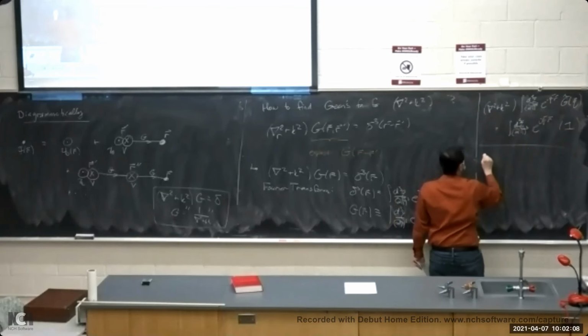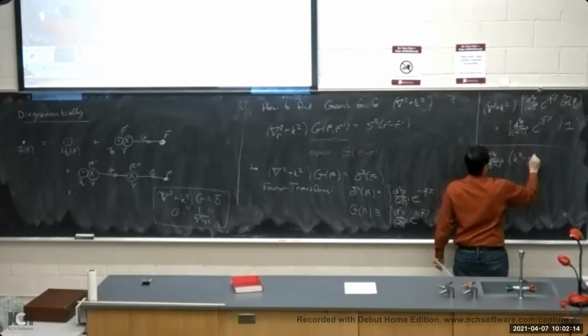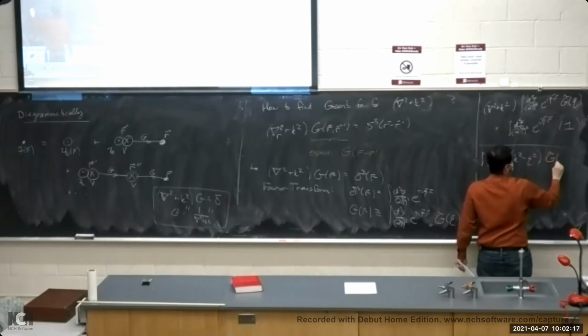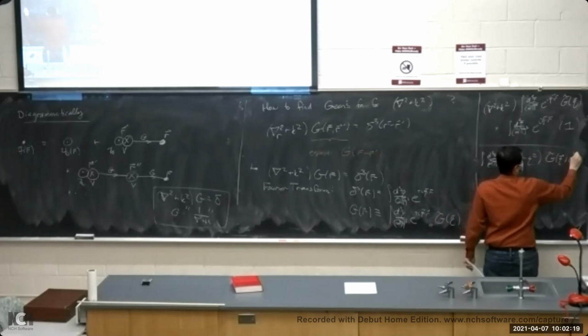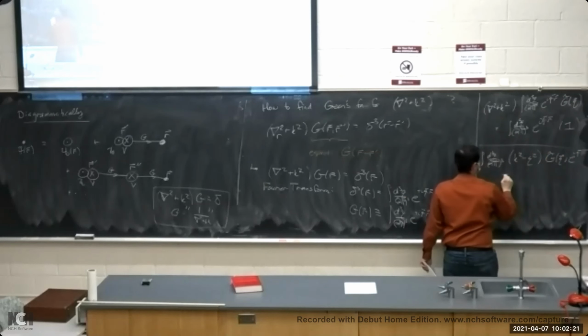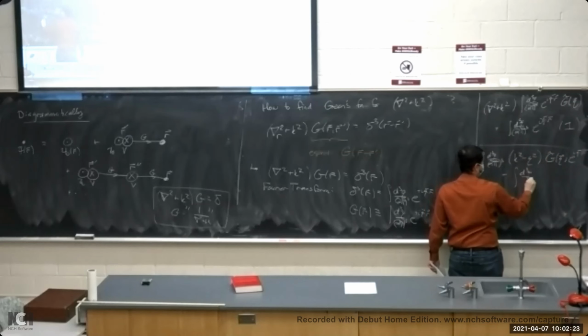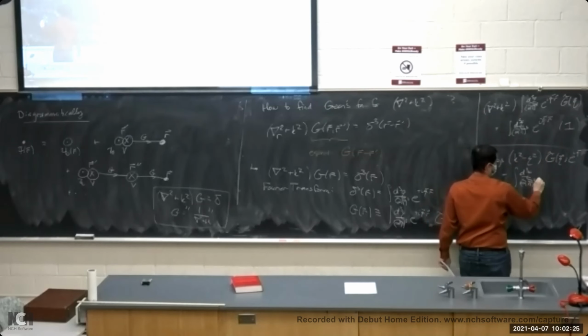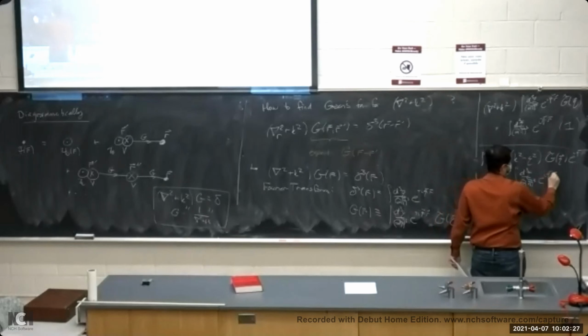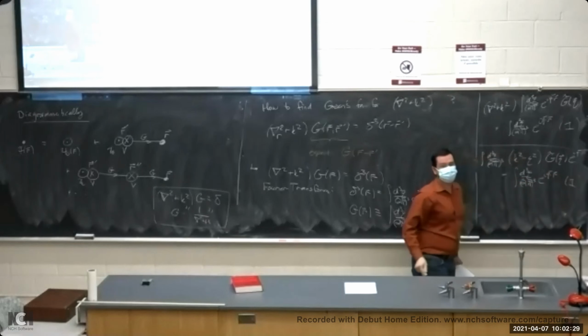So what this gives me is the integral d3q over 2 pi cubed, k squared minus q squared, g of q, e to the I q dot r, equals the integral d3q over 2 pi cubed, e to the I q dot r, 1.